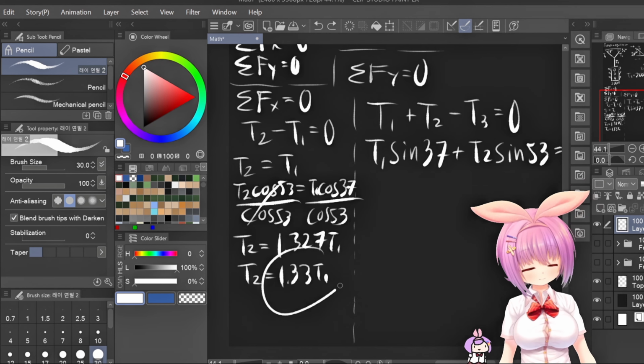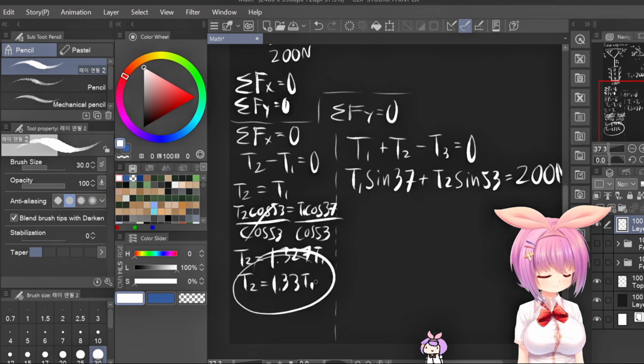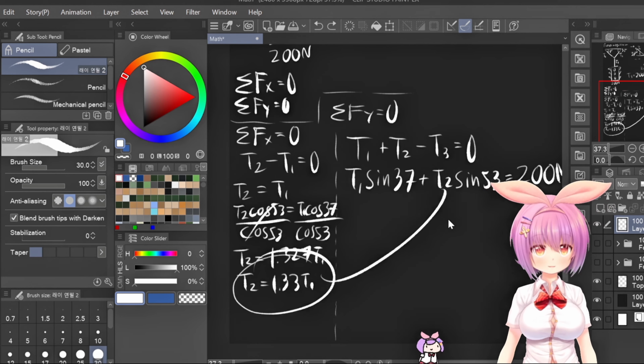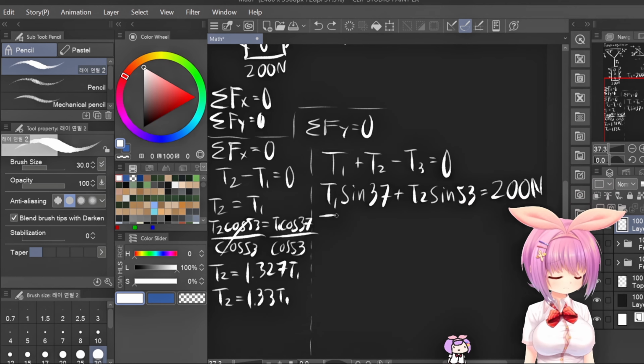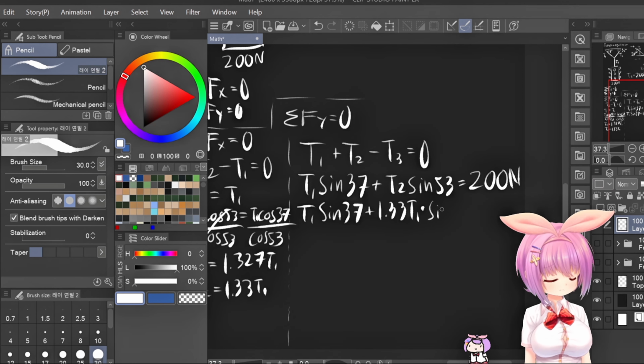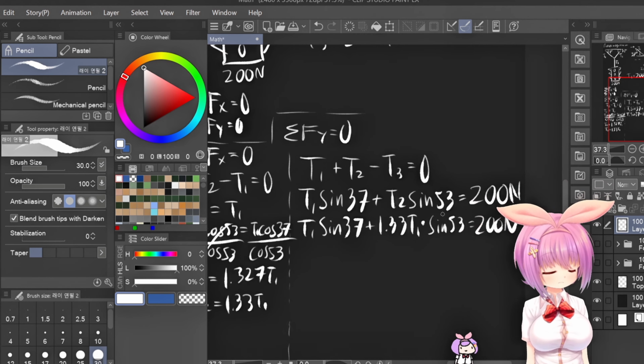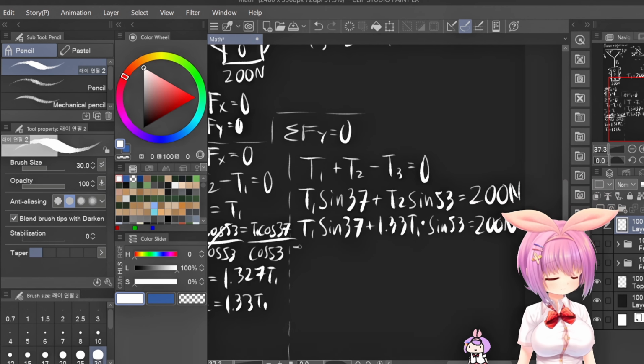So we have T2, right? Now it's easier for us to merge it. I'm just going to put T2 over here. Now we're going to multiply it. We want to simplify it.